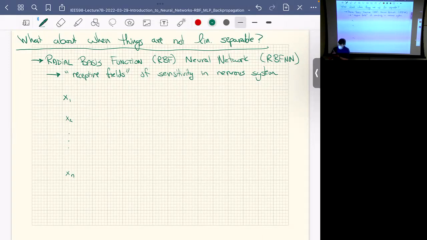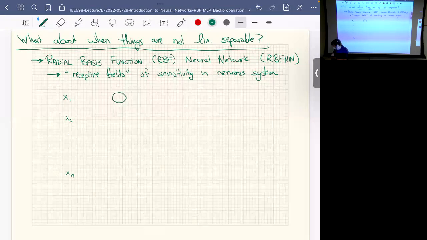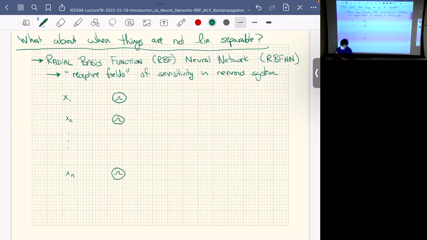And what I'm going to do is introduce these things, which I'm going to draw as a little icon of a hump, a little bell shape. You can think of it as a bell curve. Each one of these takes inputs from all of the other inputs.